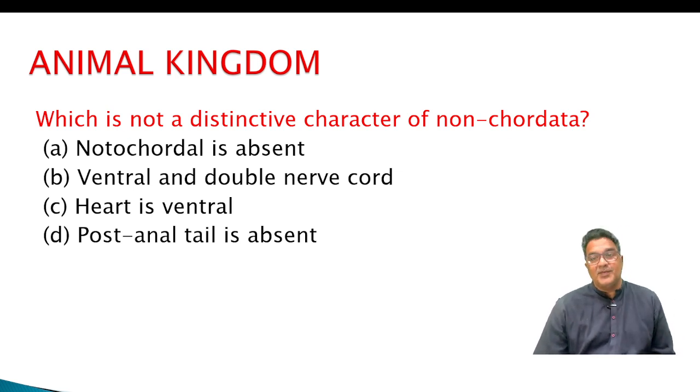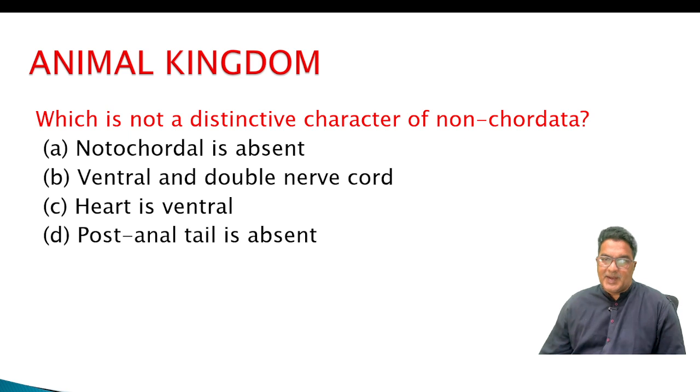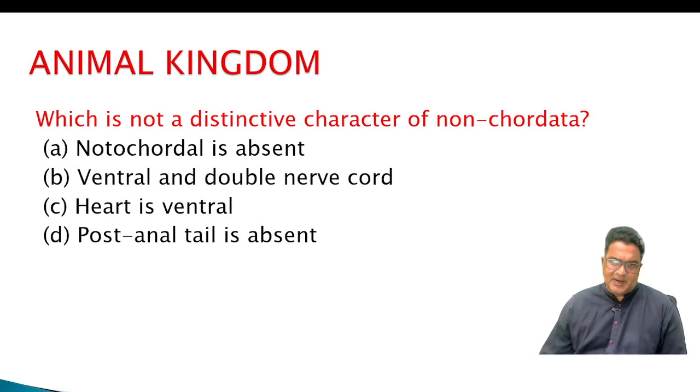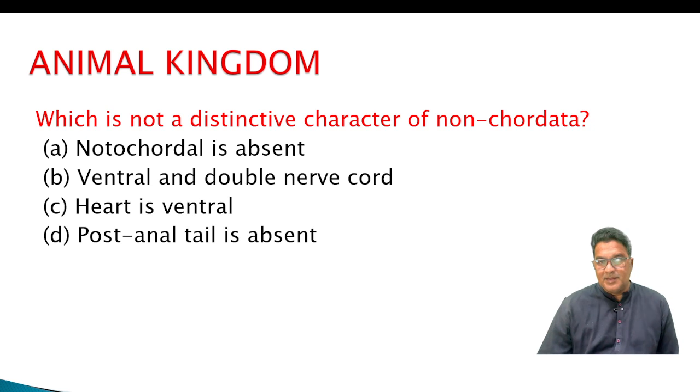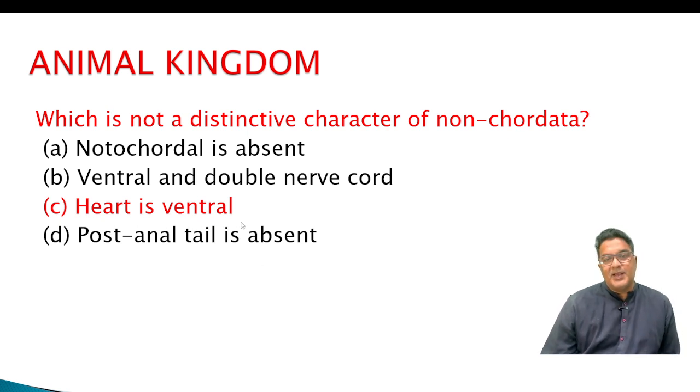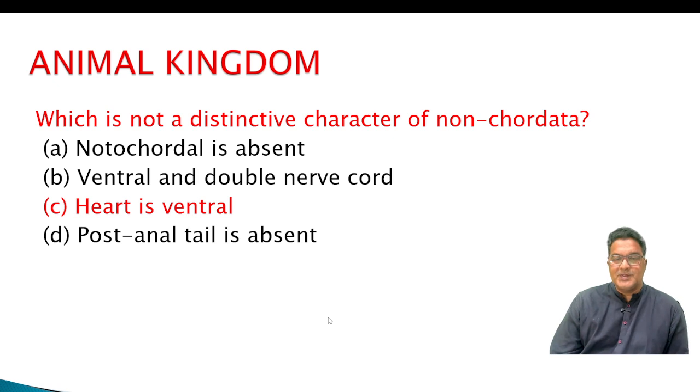That means non-chordate distinctive characteristic feature. Notochord is absent is a character of non-chordates. Ventral double notochord, heart is ventral, is that a chordate feature? It is. Post-anal tail is absent, so that is a chordate feature. Heart is ventral is a chordate feature.